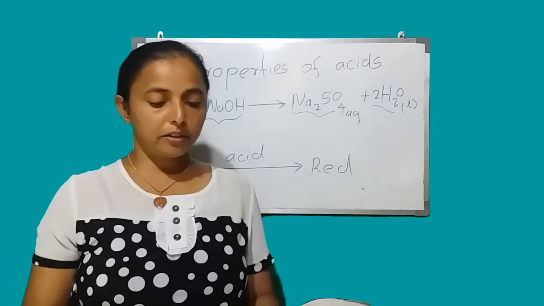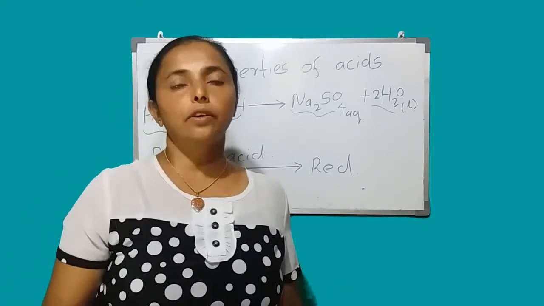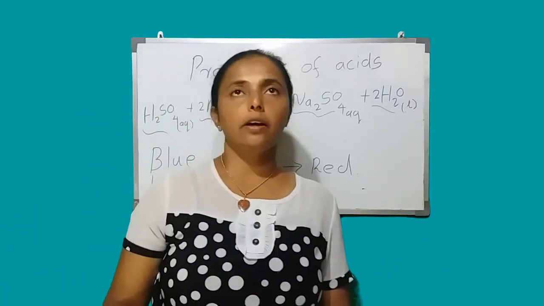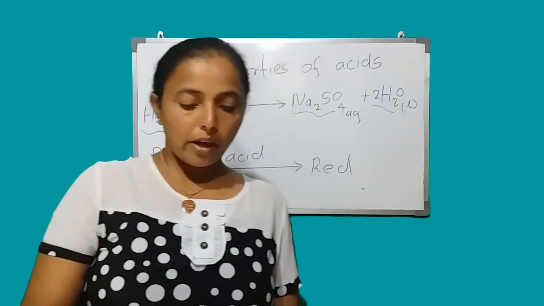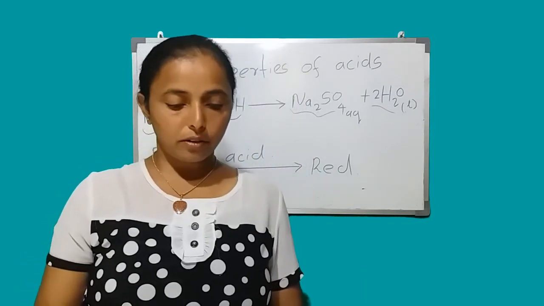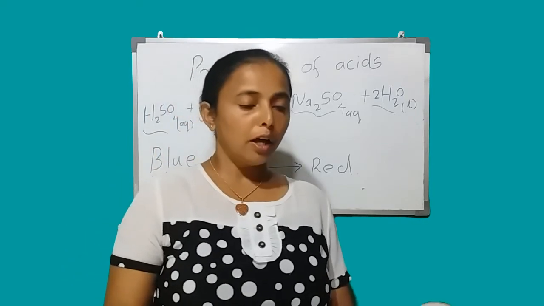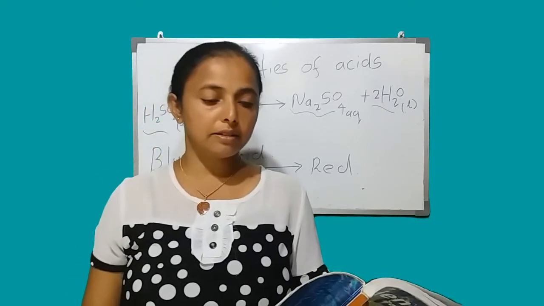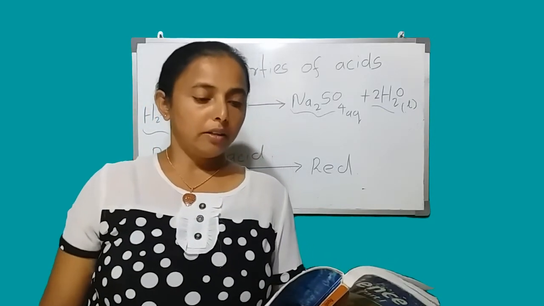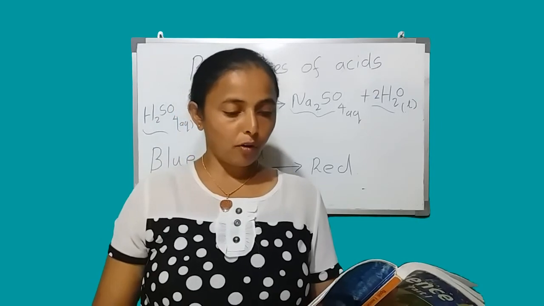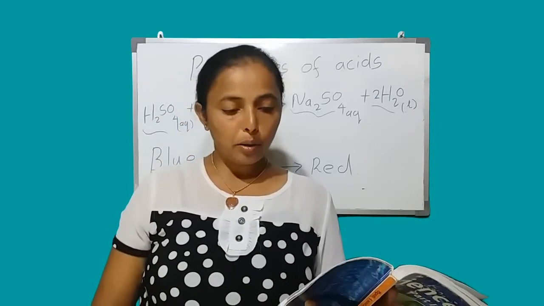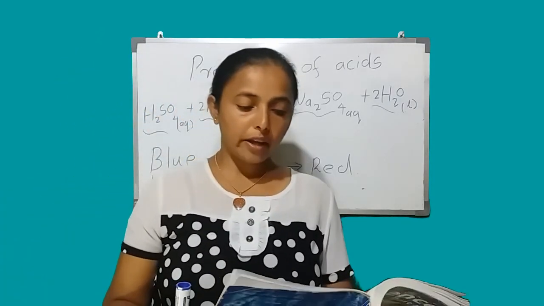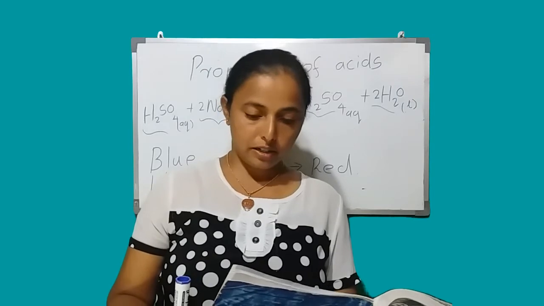Then we go through the uses of acids. Here, uses of hydrochloric acid: removal of rust on steel objects, making gelatin from body material in food technology, then making aqua regia.